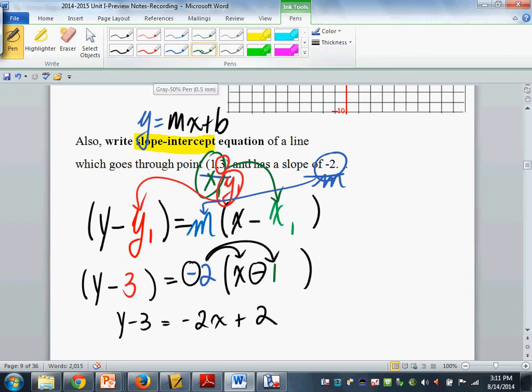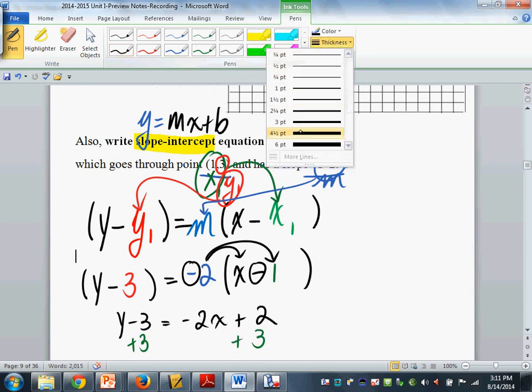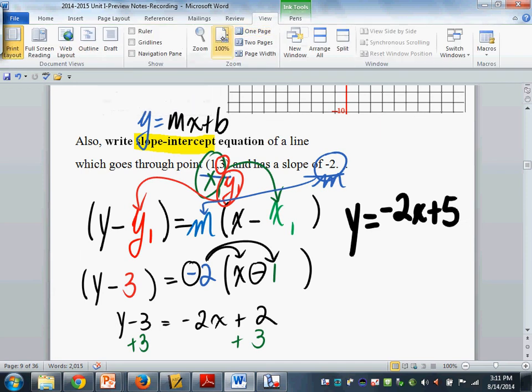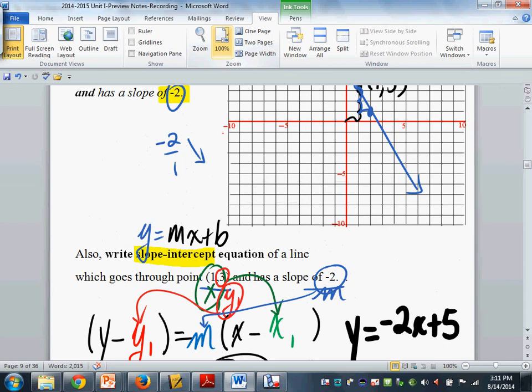Last but not least, we're going to add 3 to both sides. And our final equation is going to be y equals -2x plus 5. Let's see if you did this correctly. -2x plus 5.